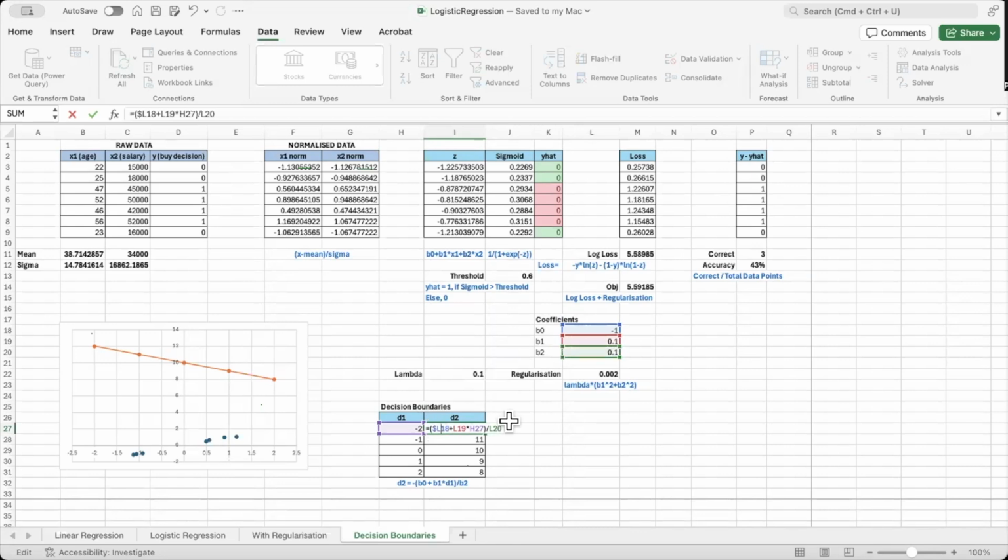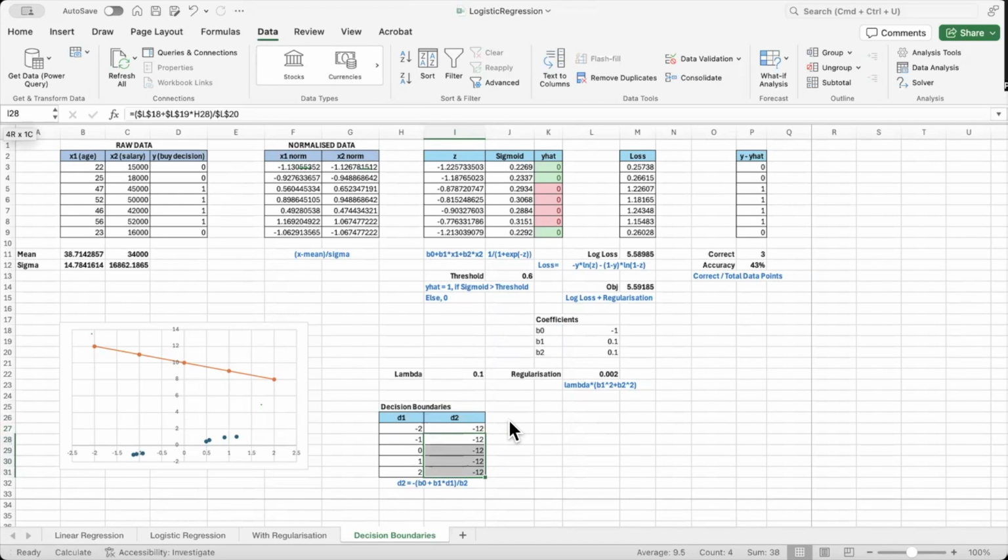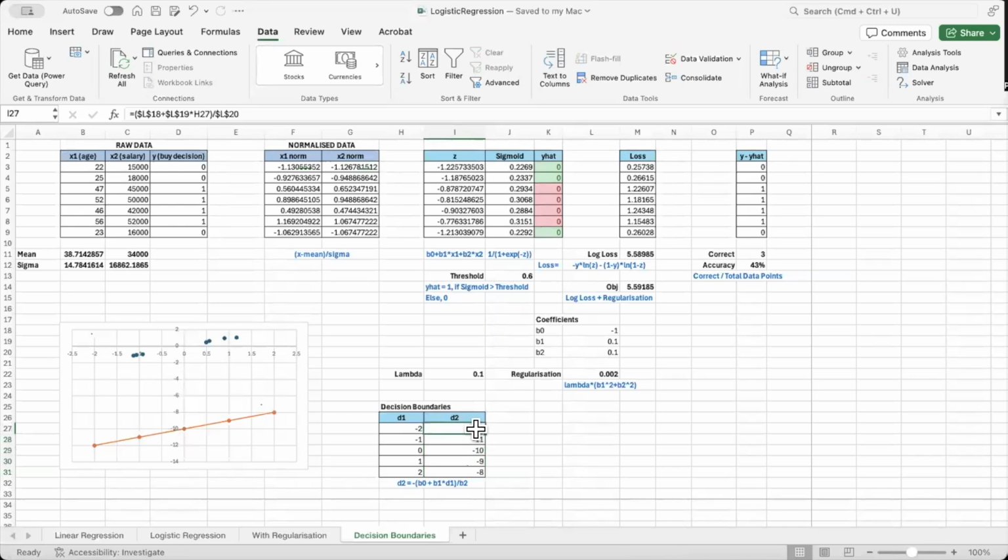So if I calculate this D2 in this manner, notice that I'm getting a line like this. Did I calculate correctly? Yes, I did.